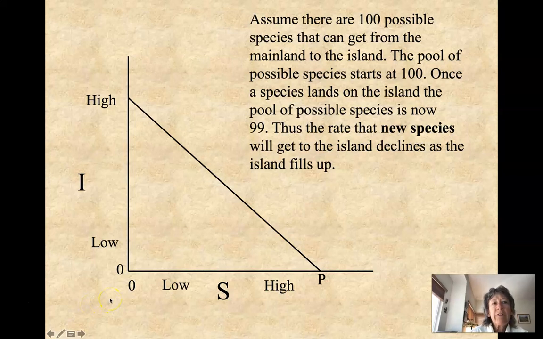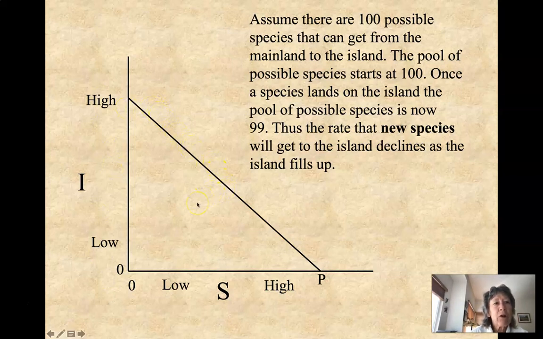To give you an example, let's assume there's 100 possible species of birds that can get from the mainland to the island. The pool of possible species starts at 100. Some species of birds would begin to immigrate across the gap and establish populations on the empty island. However, the rate at which new species could become established would decline, and that's what this line is showing.